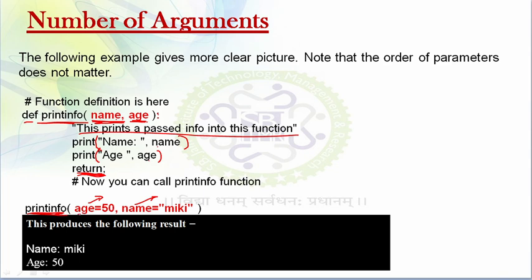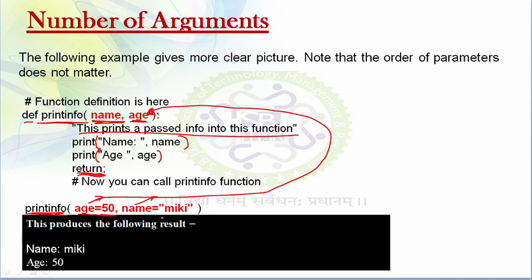Okay, so I'm passing the value of age as 50. Here it will check where my variable name is age. So this value 50 will be copied to the age variable only, though it is in the second order in the definition, but I am providing the value in the first order.